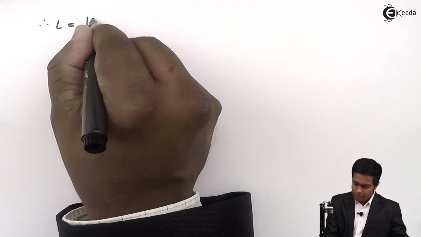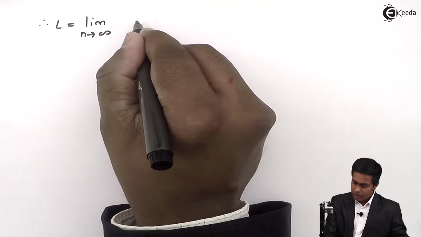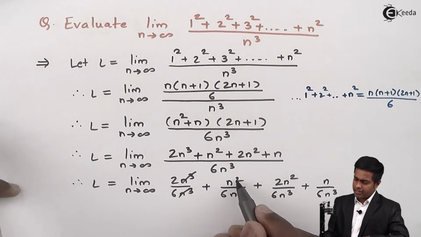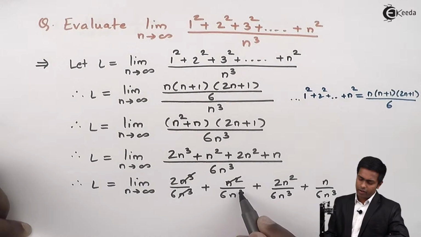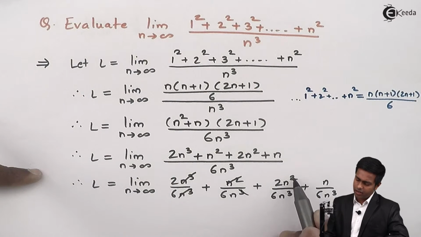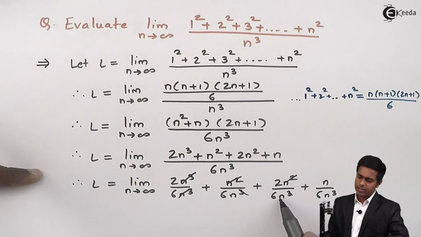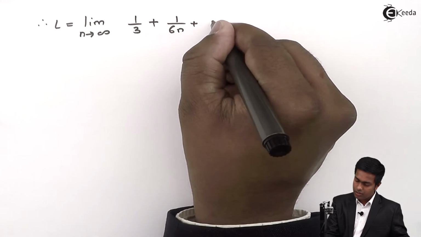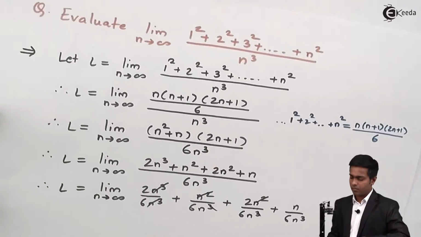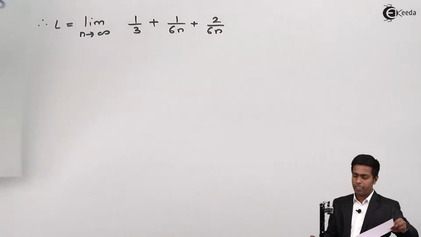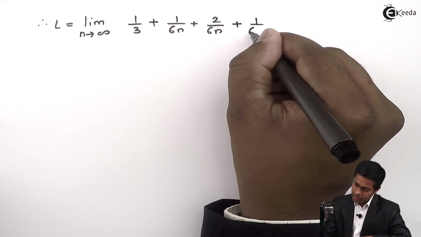Therefore L is equal to limit n tends to infinity of 1 upon 3 as the first term. Then in the second term, n square and n square cancel, so n remains, so 1 upon 6n in the denominator. Similarly here n square and n square cancel, so 2 upon 6n. Here n and n cancel, so 1 upon 6n square will remain. So plus 1 upon 6n square.